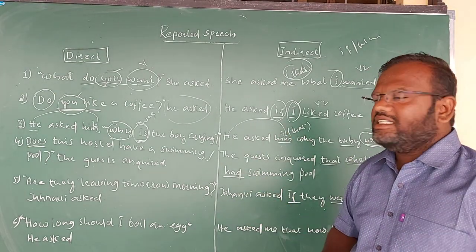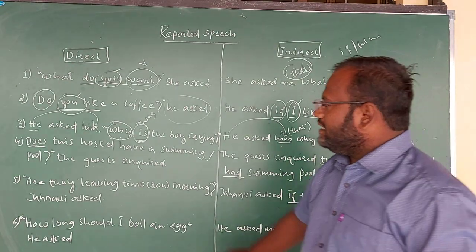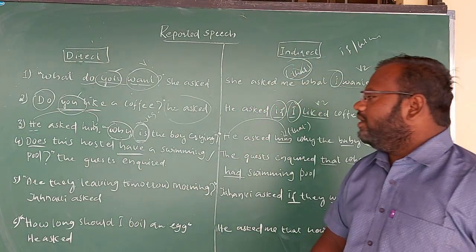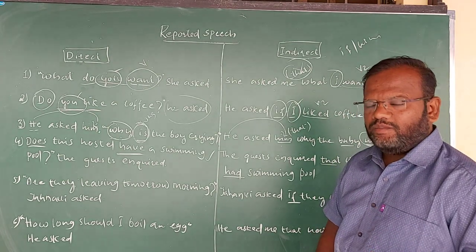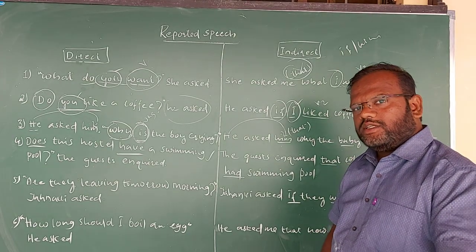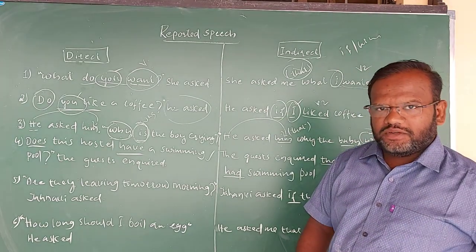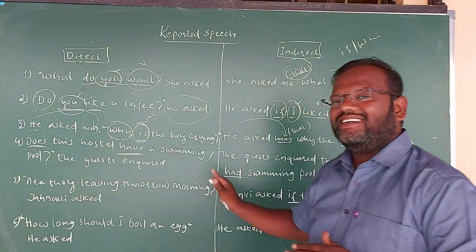Moreover, first let us understand which tense it is. It is in the present perfect tense. When we are changing the direct speech of present perfect to indirect speech, it will become past perfect. Have to had, right?